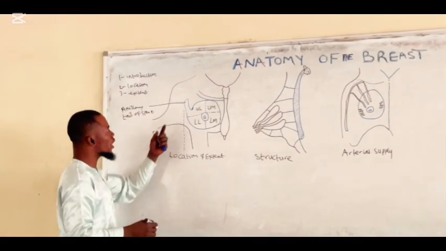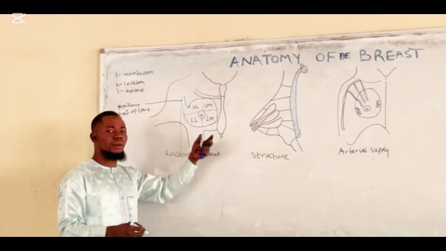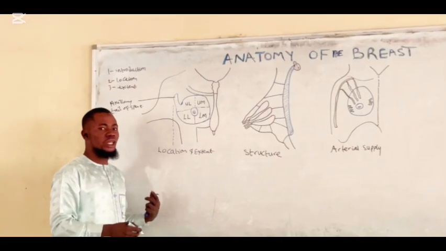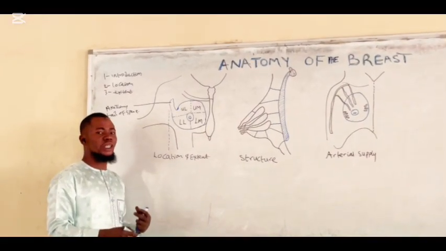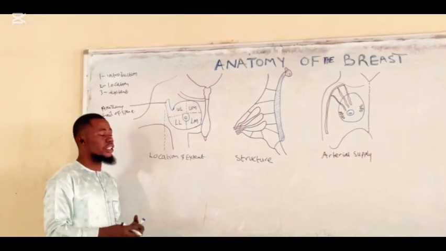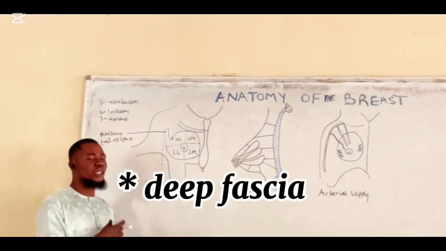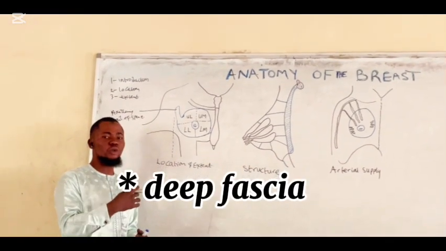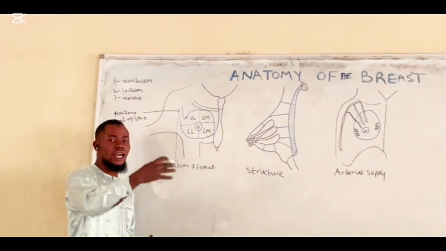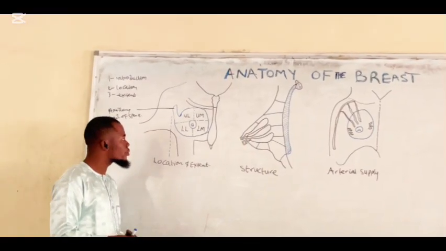And we say this axillary tail of spines is a site with high percentage of the breast tumor. That is, majority of the breast cancer or the breast tumor arises from this site. And it pierces the pectoral fascia by passing through foramen of the Lange, then lies in the axilla.